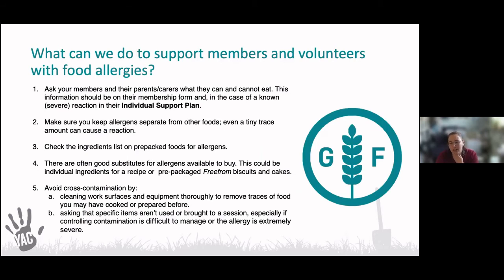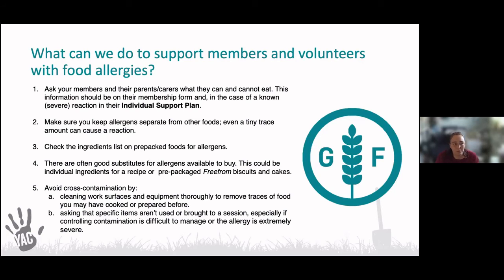So that's asking people what they can and cannot eat. If it's known, have that individual support plan. Even if you don't have that, if a child tells you that they can't have something because it makes them sick, don't force them. And I say that from experience.